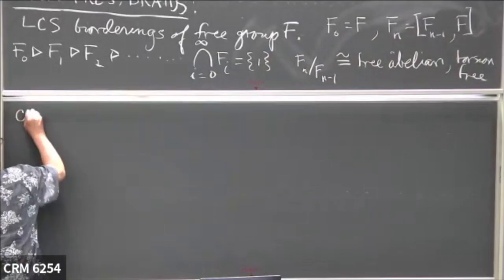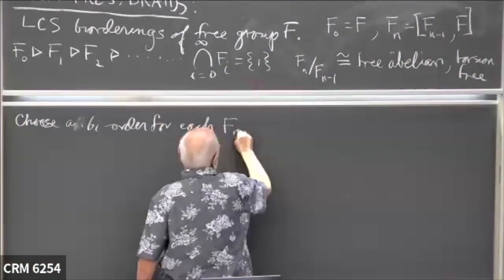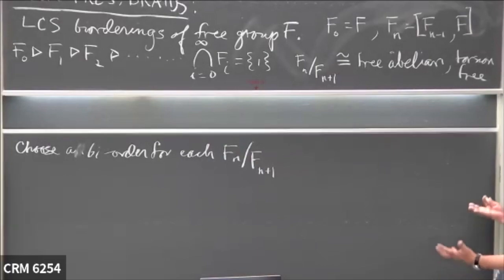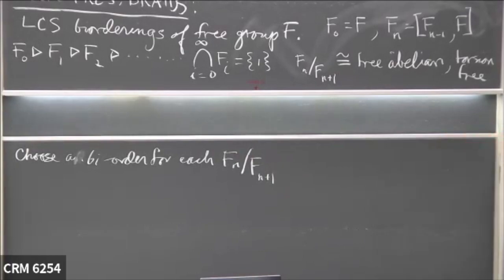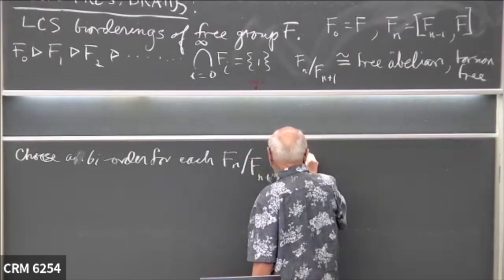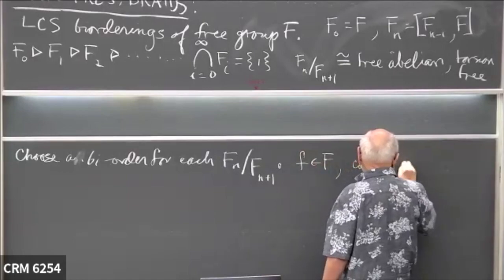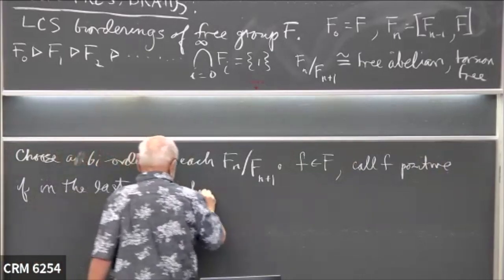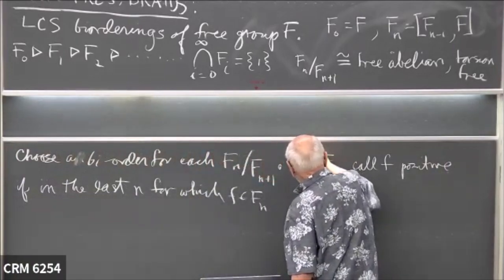If little f in F is not the identity, it'll die somewhere.